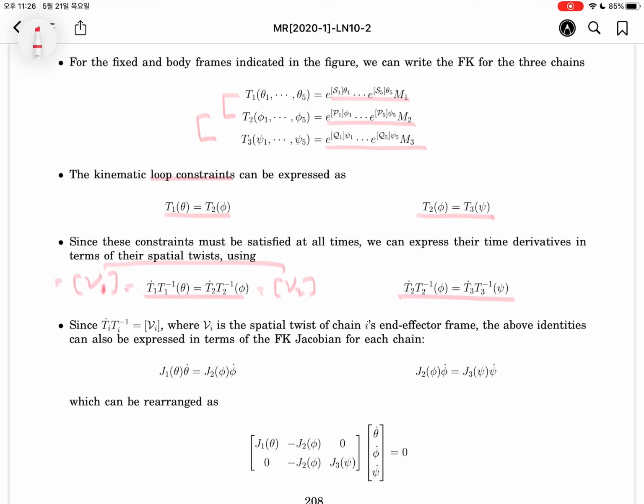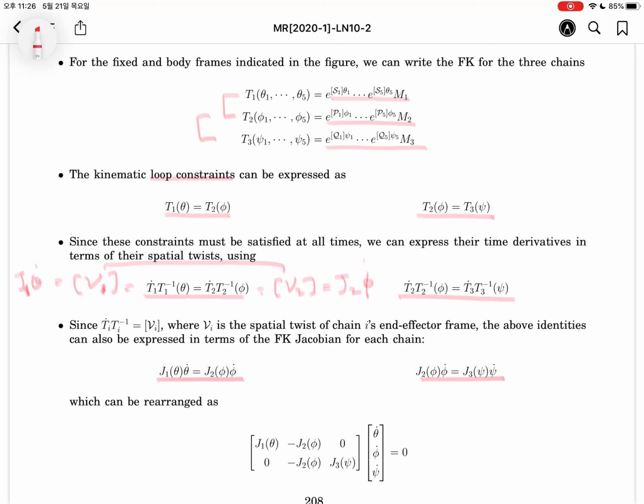So this is equal to J1 theta dot. How about the right one? The right side will be equal to J2 phi dot. So from the same twist, we can get the 2 equations using the Jacobian.